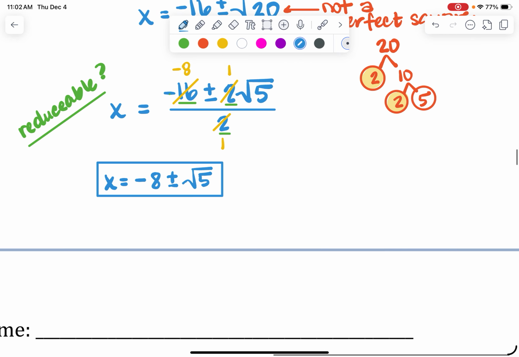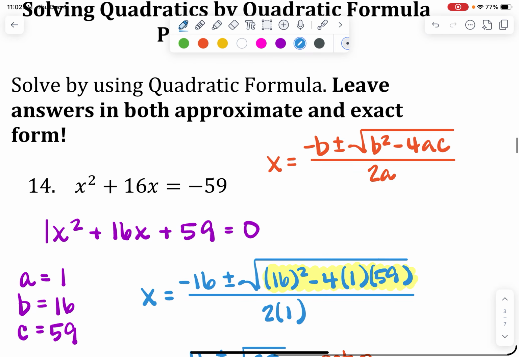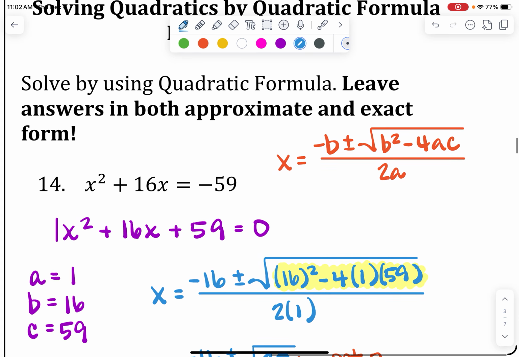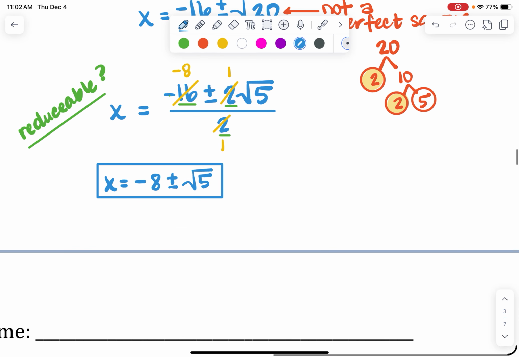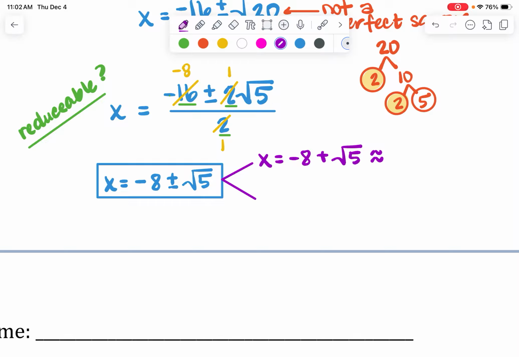What I would like you to do, however, if you'll read the instructions, it says leave answers in both approximate and exact form. So here we go. I'm going to branch this off. Technically, one of my solutions is x equals negative 8 plus root 5, which is approximately, I'm going to plug that in my calculator.